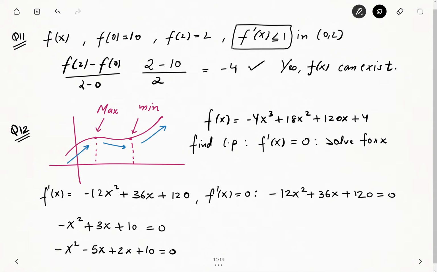You factor out negative x, and you're left with x plus 5. Out of the rest you factor out 2, and you're left with x plus 5. This must be equal to 0. So what we get is that x is equal to 2 or x is equal to negative 5.